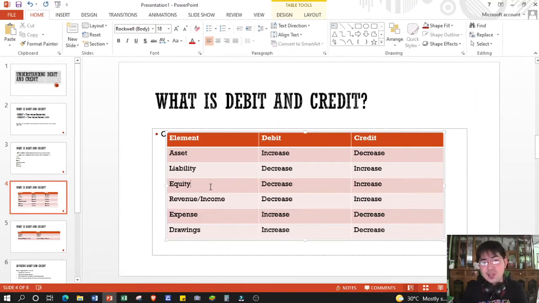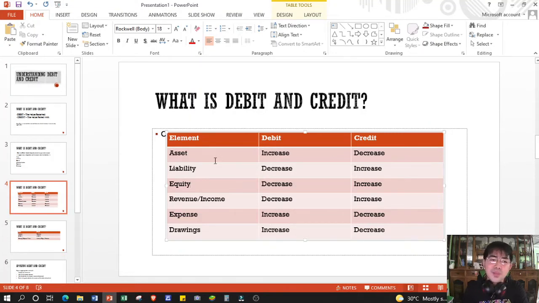Since nadungagan man ang akong equity, it will require a credit because na-increase man. If there are losses, ginabawas man na siya sa equity, so it decreases equity, therefore it will entail a debit. Revenue, if nahalinan ko or if I have rendered services, nadungagan akong sales, nadungagan akong income, then credit. So on and so forth.